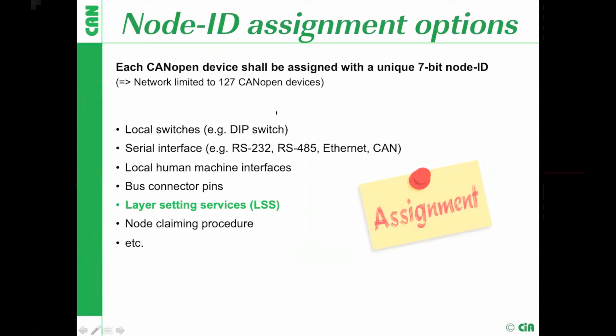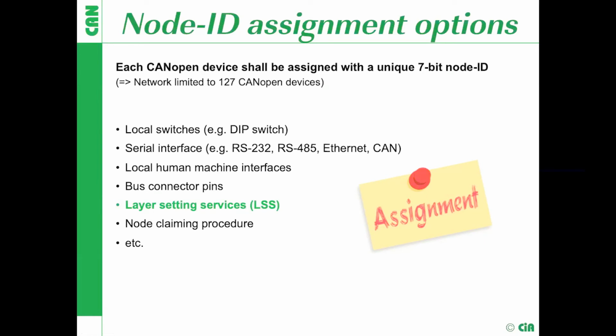Node IDs are typically set by, for example, manual configuration, DIP switches, a serial interface like RS232, human machine interfaces, or bus connector pins. But if some CANopen devices don't have a hardware interface, or if the applications require a high level of plug and play support, the CiA 305 document specifies the layer setting services.